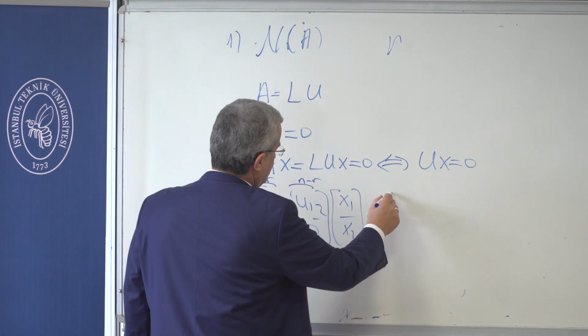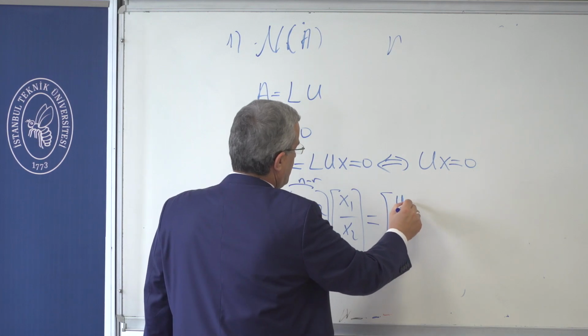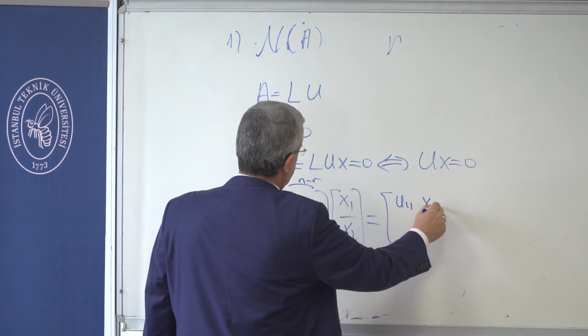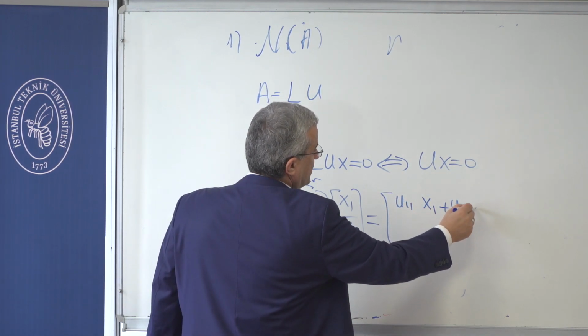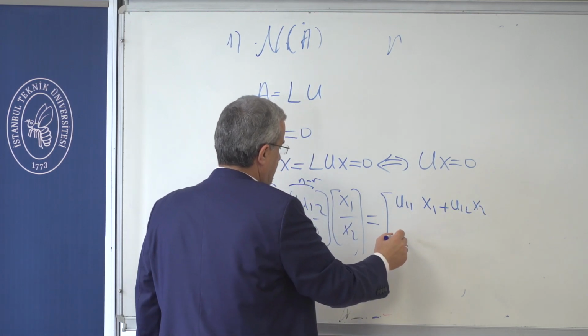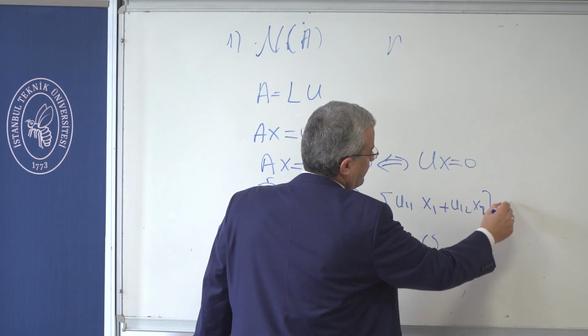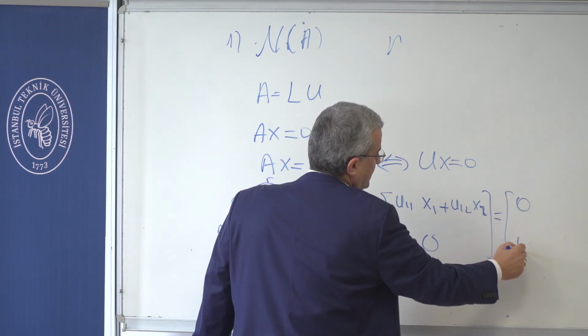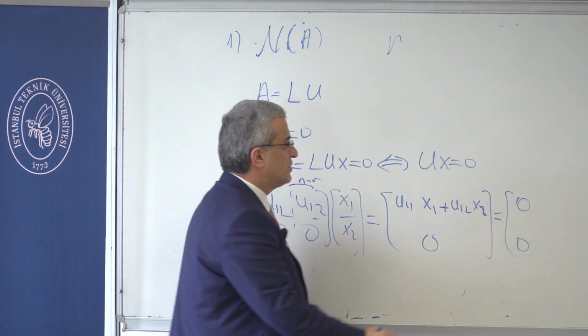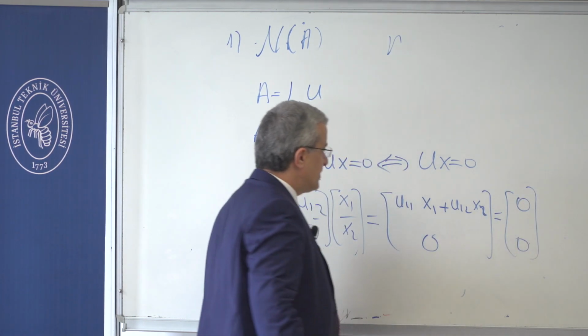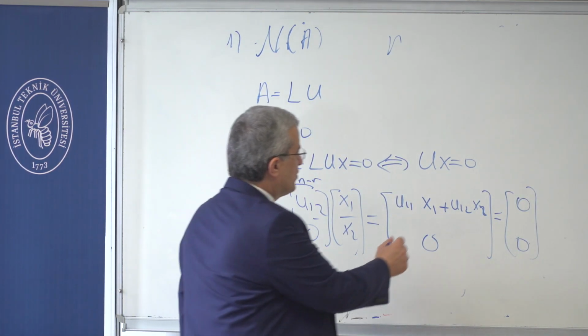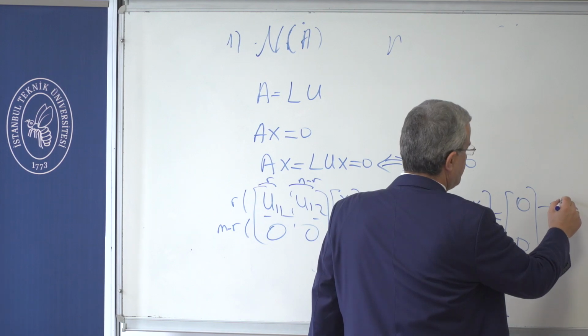So this being equal to 0 means U11 x1 plus U12 x2, and the rest is 0. So we want this to be equal to the 0 vector. From here, what do we obtain?